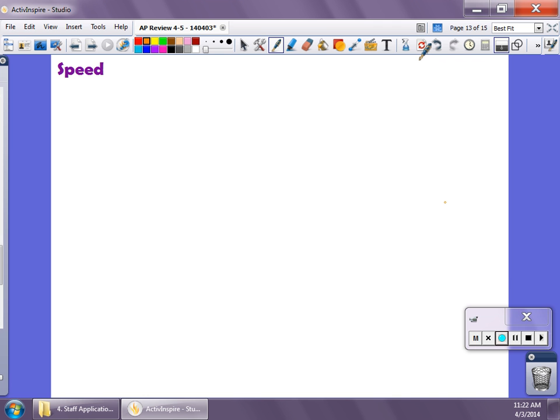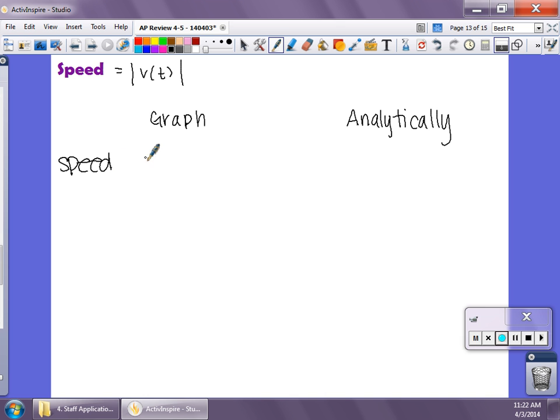All right, speed. Speed is the absolute value of velocity. Okay? Speed, we're going to do graphically, analytically, which means by hand or by algebra. Okay, so if I want to just identify speed on a graph, it would just be the absolute value of velocity. What do the absolute value bars mean graphically? It's always positive.